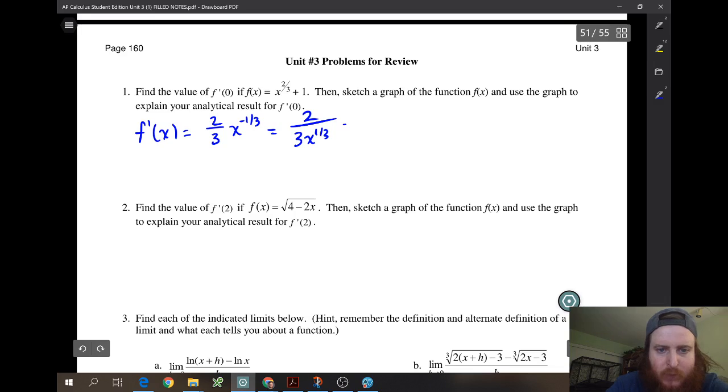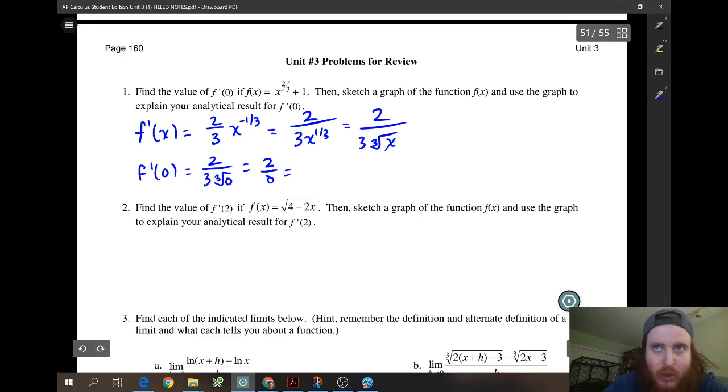If we want to write that in radical form, 2 over 3 cube root of x. So f prime of 0 is 2 over 3 times the cube root of 0, which is 0. So it's 2 over 3 times 0, which is 0, which is undefined.